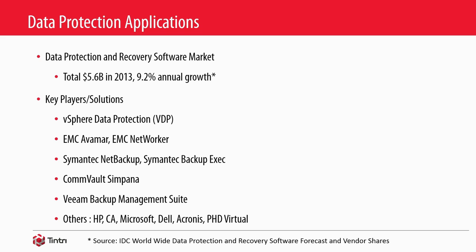And most guys here would also say most of these new solutions out there, VDPA, Veeam, are more geared towards virtualization, protecting your virtual machines, right? And who are the key players? Well, we have EMC, Networker, NetBackup, Symantec, Commvault, Vempana, and others, HP, CA, Microsoft, Acronis, PHD Virtual.